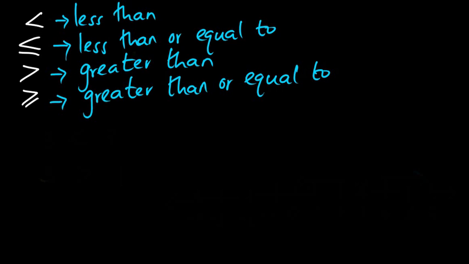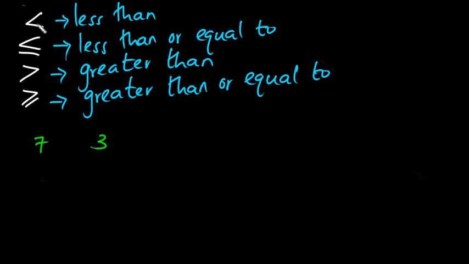Now let's have the numbers 7 and 3. Try to figure out which one of these symbols we can insert in between 7 and 3 so that this mathematical statement remains correct.